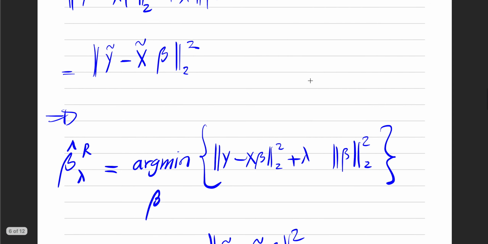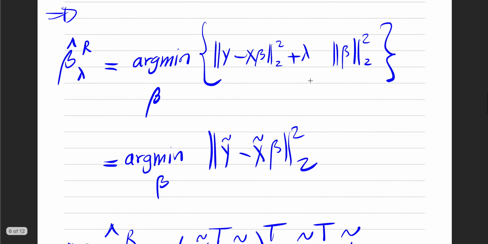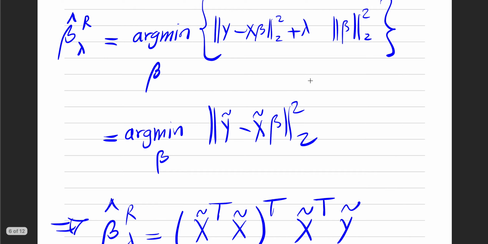So just to clarify, this is ridge, and since these two are the same, we can minimize this over beta or minimize this over beta, and the answer will be the same, and we know what the answer to this problem is.